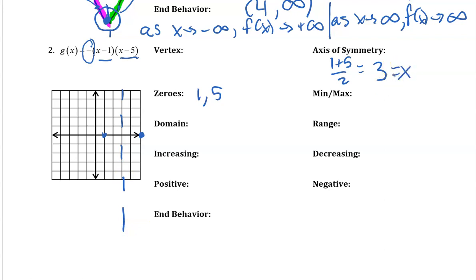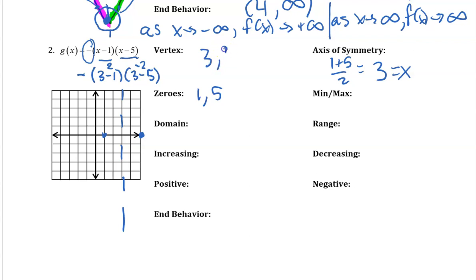And then our vertex. We're going to put 3 in for x. So we have negative 3 minus 1 times 3 minus 5. 3 minus 1 is 2. 3 minus 5 is negative 2. So our vertex, negative times 2 is negative 2, times negative 2 is positive 4.